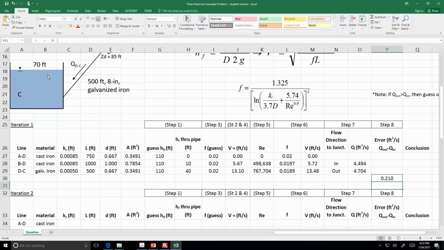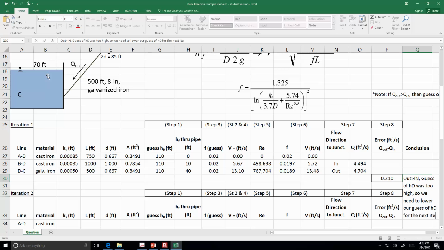But if we were too low on our estimate, it would be the opposite way. So I'm going to type in just a text here, conclusion: out is greater than in. Guess of HD was too high. So we need to lower our guess of HD for the next iteration.